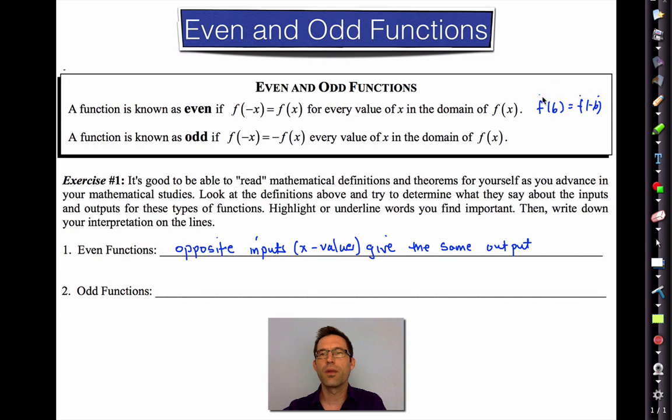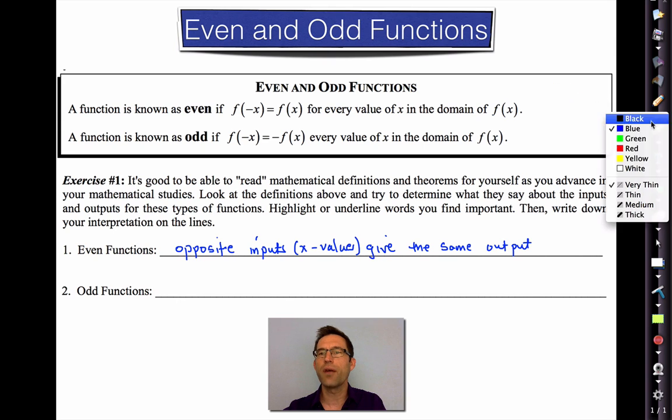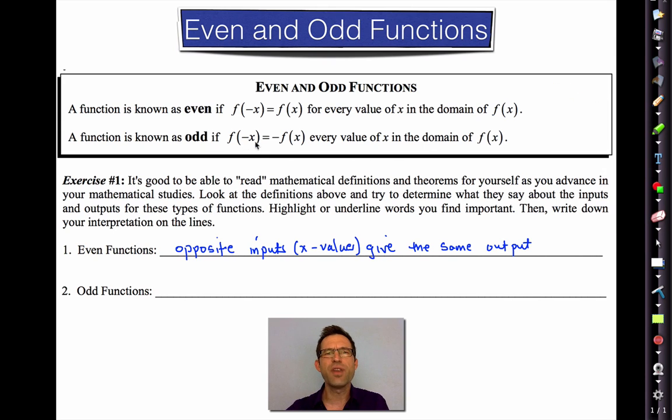Now, let's take a look at what an odd function is. f of negative x equals negative f of x. So like, f of negative 3 would be negative f of 3. Or f of 6 would be negative f of negative 6. So what does this really say?